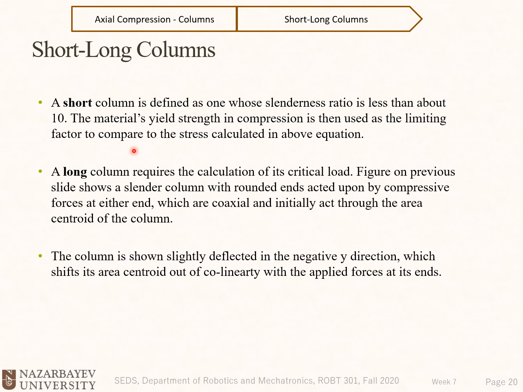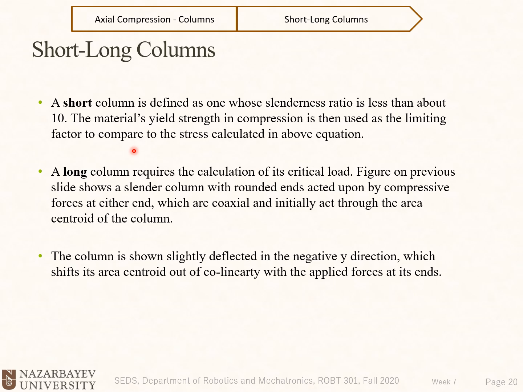So for short column, buckling would be hard, and the definition is that if the slenderness ratio is less than 10, we have a short column. And we need to calculate the compressive stress and compare it with the yield strength of the material. A long column requires the calculation of its critical load, which we will discuss in coming slides.